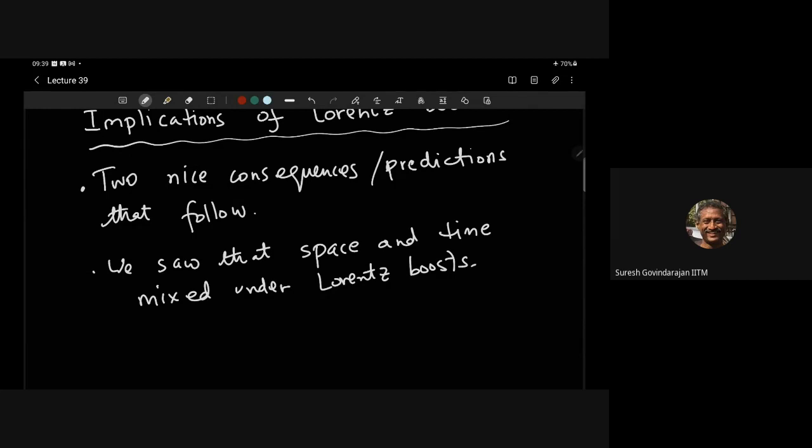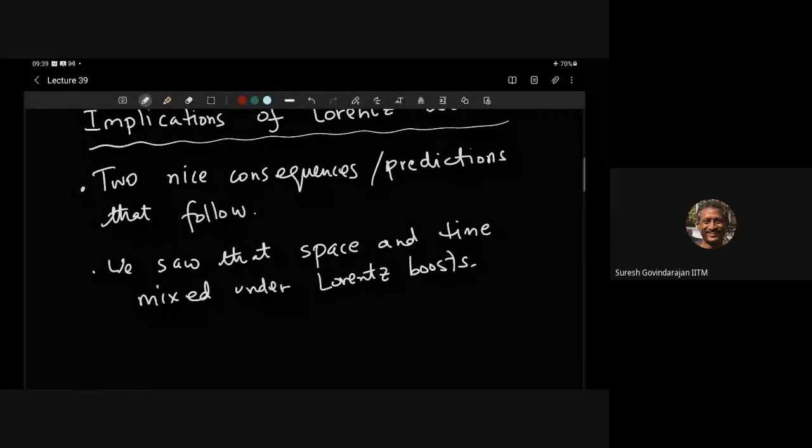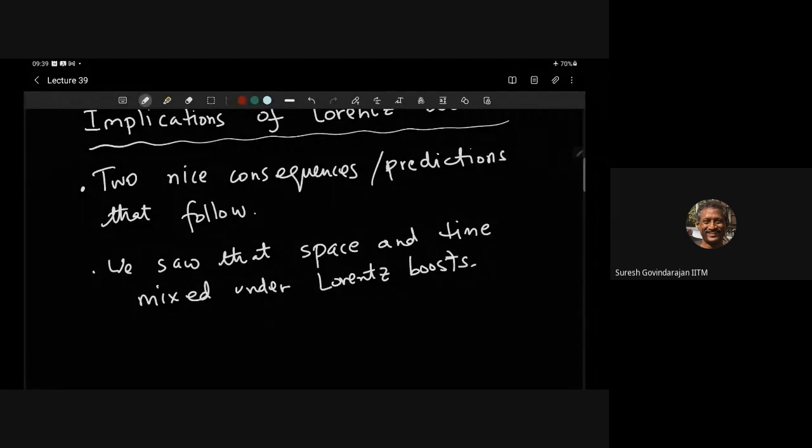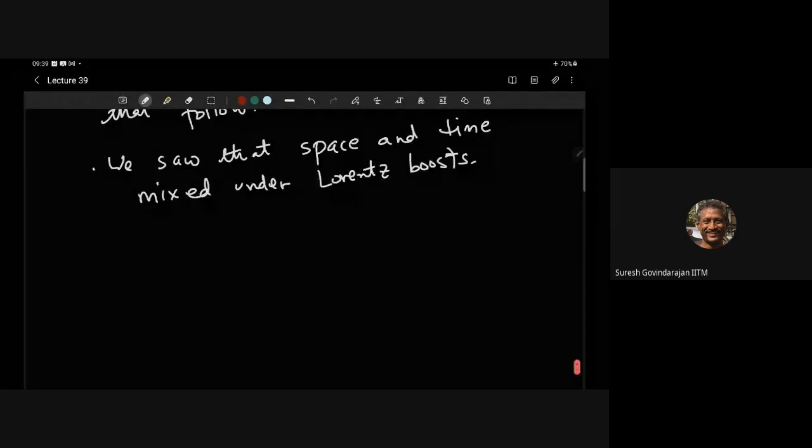This is kind of counterintuitive, because if you go back to the Galilean picture where our intuition comes from, we know that we can synchronize our watches with some other guy, and we hope that our watches will remain the same in future. If you adjust it and we have matched them, what we will see is that that's not true. Lorentz boost messes up those things, because there is mixing of space and time.